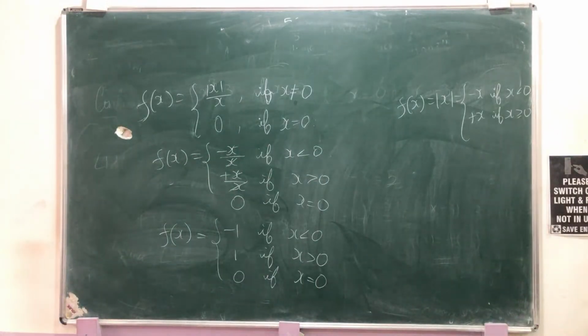Okay, continue after that. Left hand limit, right hand limit, value at that point. Then show, since left hand limit not equal to right hand limit, which is not equal to value at that point, limit x tends to 0 f of x does not exist. Minus 1 for less than 0, plus 1 for greater than 0, exactly 0 for equal to 0.